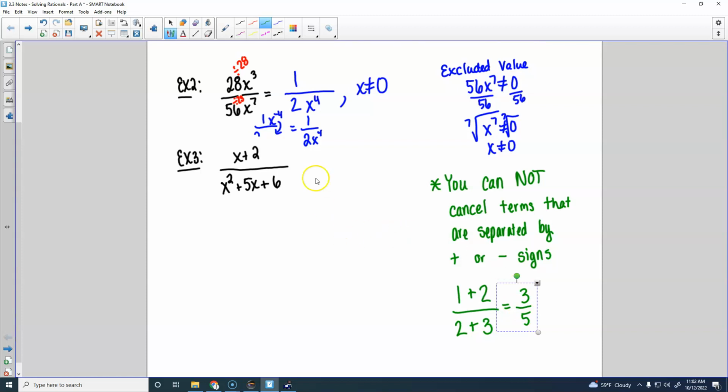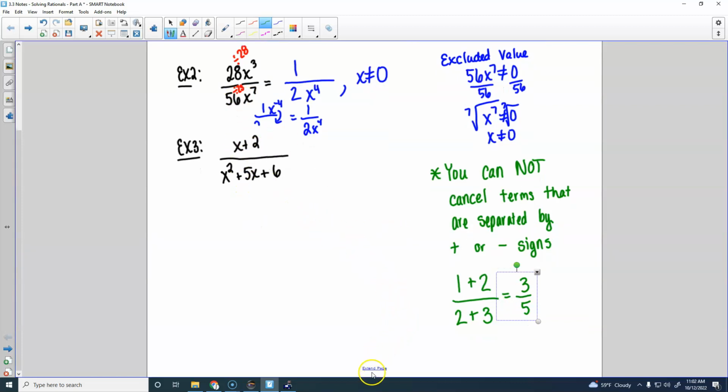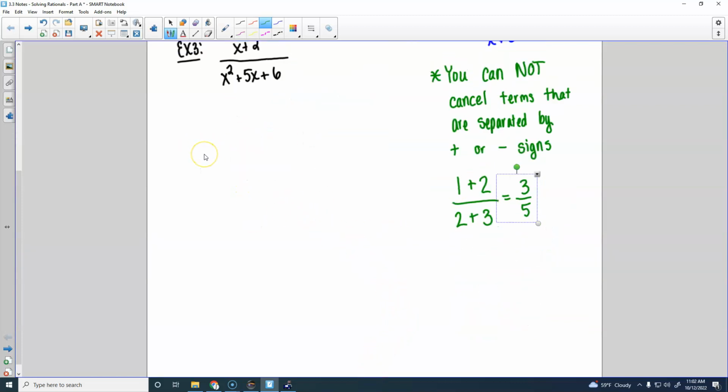But if we apply the bad canceling that I was just doing over here, if I did that same problem that way, that would mean I would cancel this 2 with this 2, and I would get 1/3. Is that right? No. It's terribly, terribly, terribly wrong. So, if you have terms that are separated by plus or minus signs, you cannot cancel.